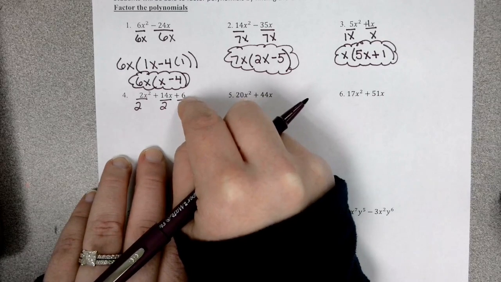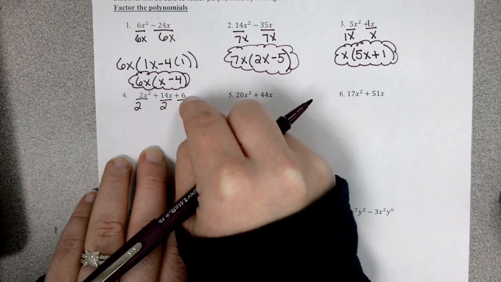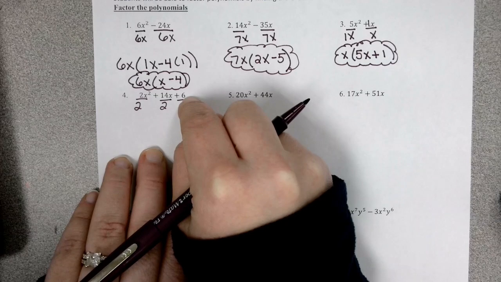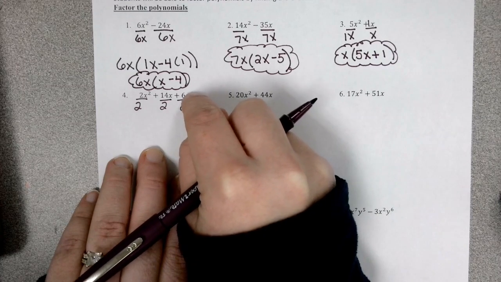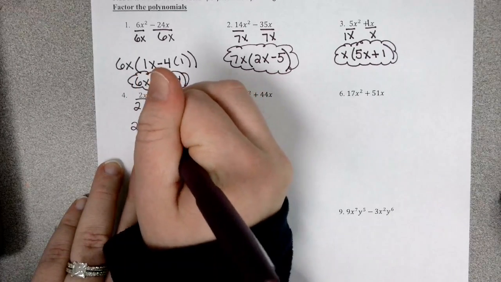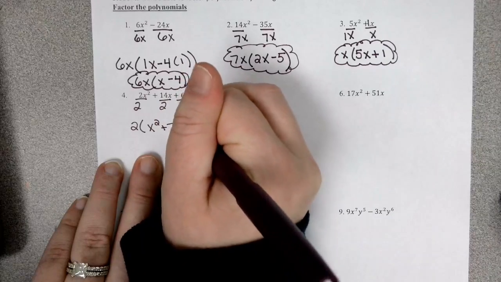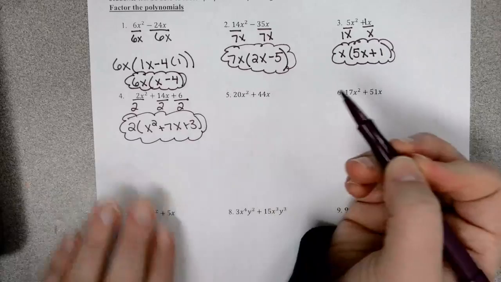So let me say that again. Because there is no x connected to the 6, I cannot take any x's out. Whenever that happens, do not try to take a variable out. There's no variables here that you can take from. So 2 on the outside. X squared, 14 divided by 2 is 7x, and 6 divided by 2 is 3. And that is my factored 4.